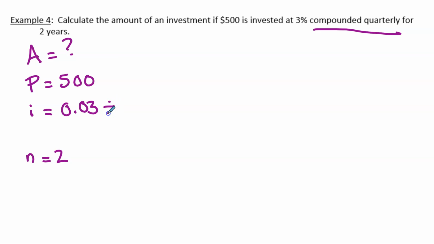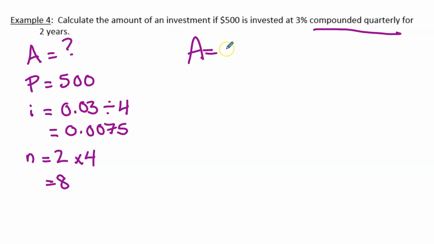Okay, so our I gets divided by 4. I divide, okay, and we get 0.0075. And our N gets multiplied by 4. So we are at 8. Okay, now that we've got all of the values here, we go to the equation.